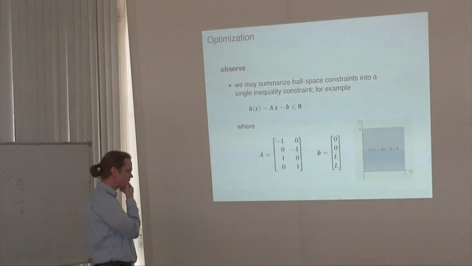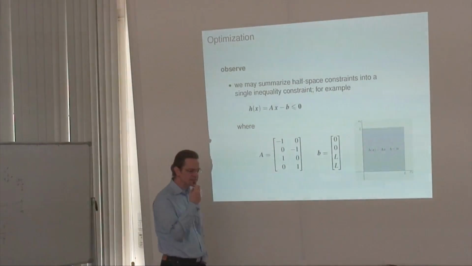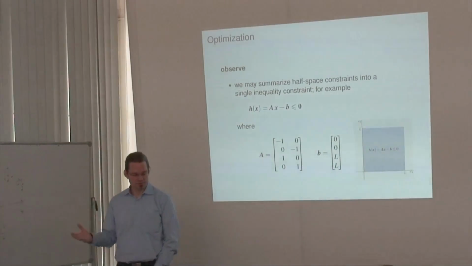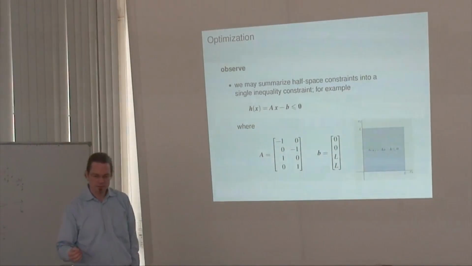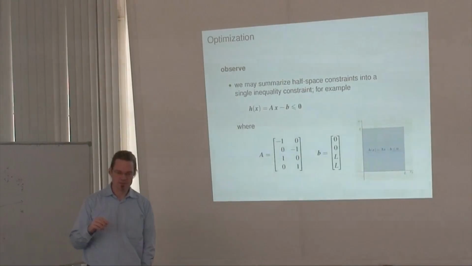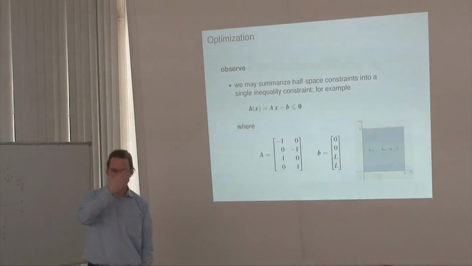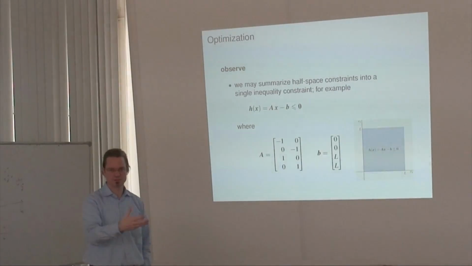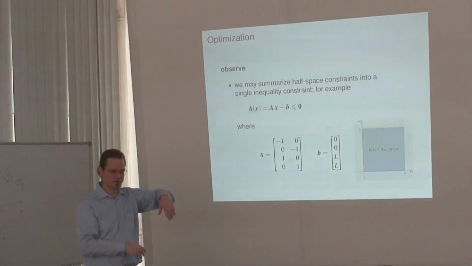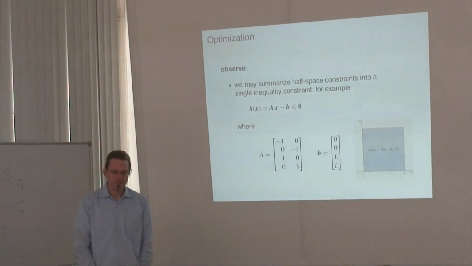So the long story short is that if we are dealing with a constrained optimization problem where the inequality constraints are given in terms of half-space constraints, and of course they do not have to be axis parallel, right? We saw this last time where we had these crazy tilted half-spaces.